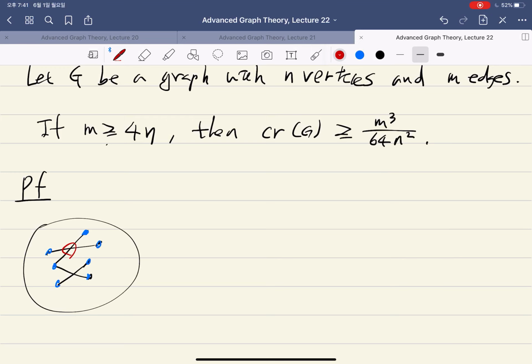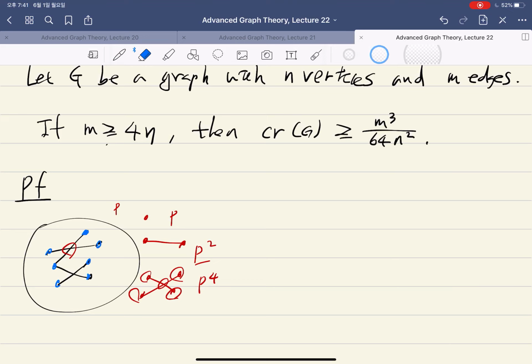Once you keep the vertices with probability p, a vertex is there with probability p, but the edge is there with probability p squared. If one of them is gone, it's gone, so we have to keep both vertices to keep the edge. And to keep a crossing, all 4 vertices involved must be there. So with probability p to the 4 it's there, and it's easy to get lost.